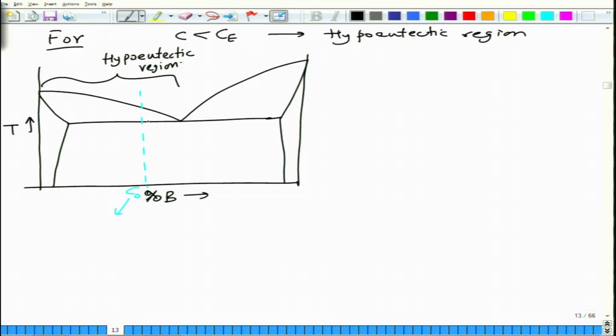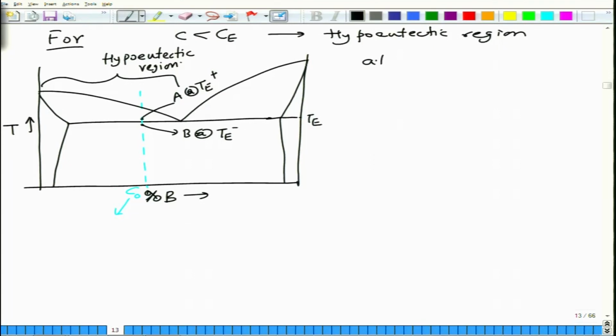Just above this temperature, we first look at the temperatures. This is TE. We look at point A, which is TE plus, and point B, which is TE minus, just below TE and just above TE.